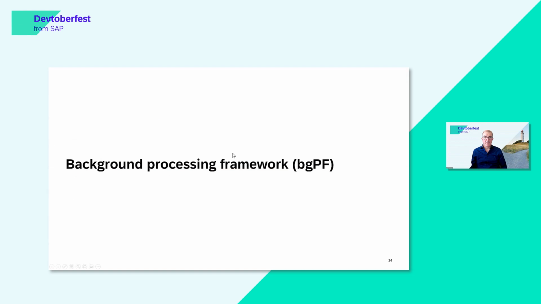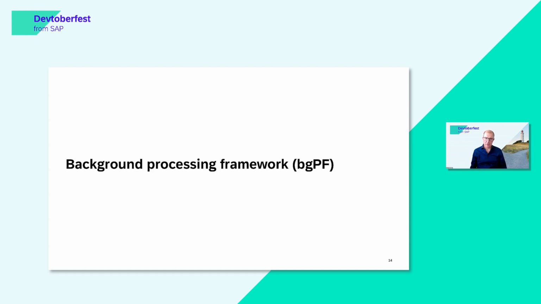The background processing framework is the next topic. So we saw that in the RAP framework, everything is nicely controlled, but from time to time, you would like to do something asynchronously. You would like to, for example, start a longer running process, or do something where the user should not wait.